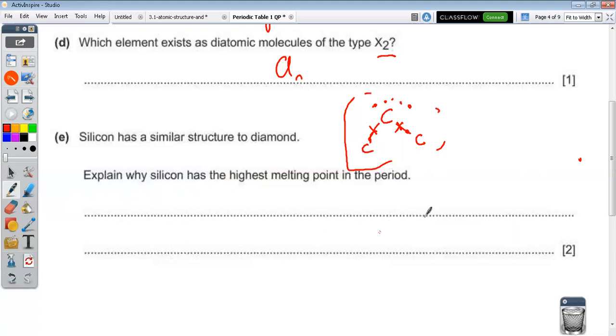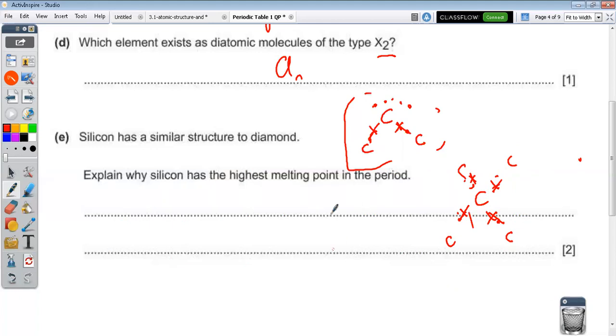But now with the diamond, every carbon is bonded to 4: 1, 2, 3, 4. Being bonded to 4 gives 2, 4, 8, so I can't have a lone pair. This one will be bonded to another 4, so I don't have any lone pair. All the electrons are in bonded pairs, clear?